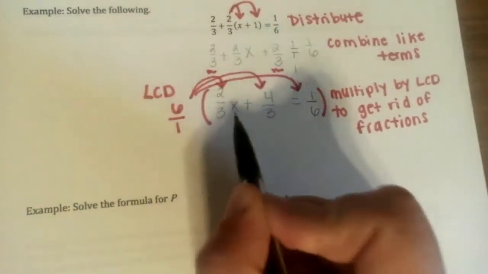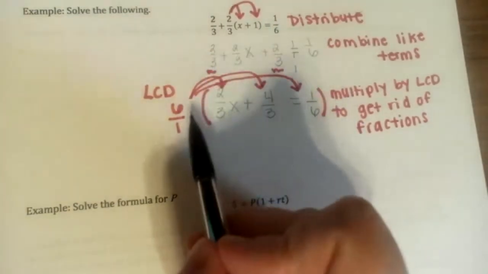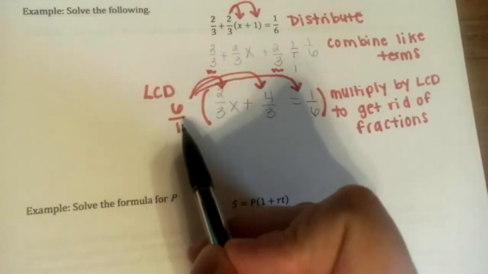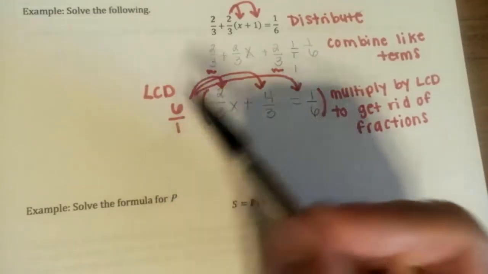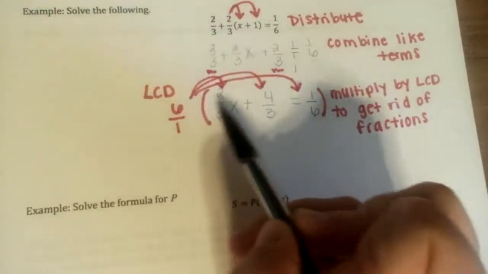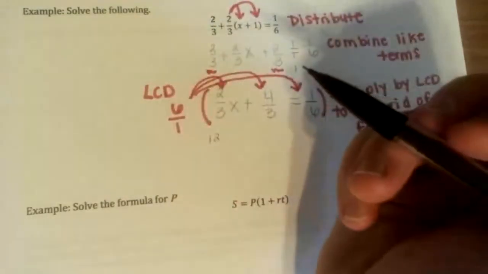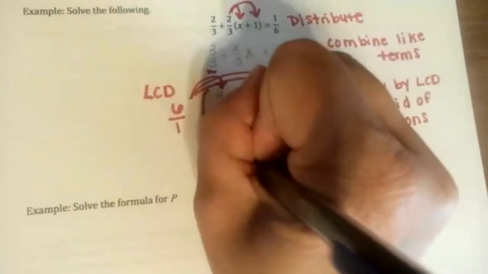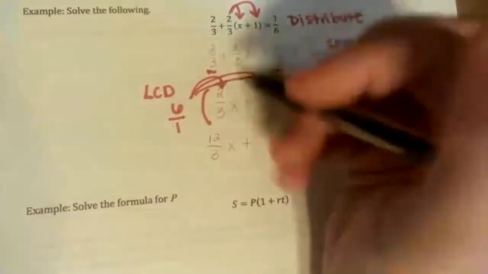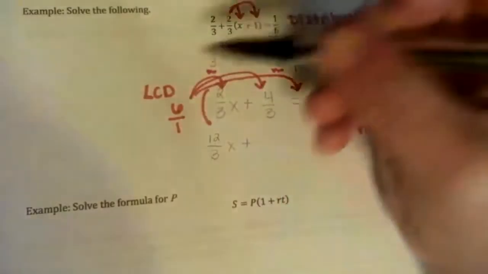So I have 6, or 6/1, times 2/3 x. So we're multiplying fractions. We're going to multiply top times top, bottom times bottom, multiply straight across. So 6 times 2 would give us 12, divided by 1 times 3 would give us 3. X, so 12/3x. Plus, same thing, 6 times 4/3.